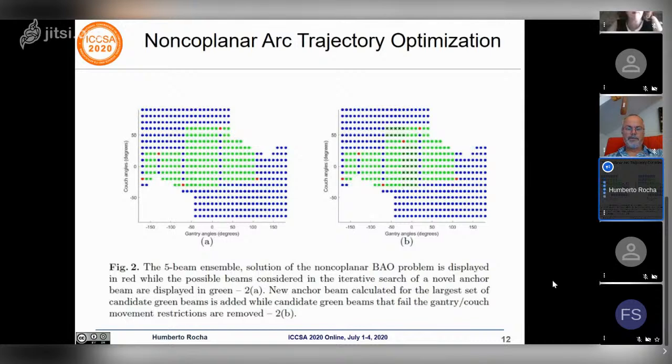We test iteratively each of the green points of the largest set of green points, it's one strategy, one at a time by adding them to the red points and computing the best plan with 6 beam irradiation directions. On the right-hand side, we have represented the best point found in red, and we remove the green points that become unfeasible and continue to the next iteration to find the 7th red point and so on until we obtain the 21 red points.